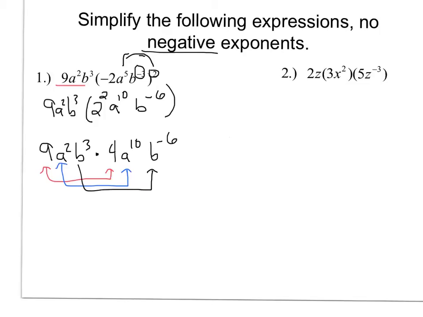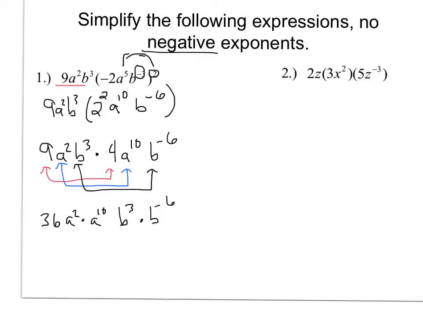And I have the b's. And all these are going to be combined. The next step would be 9 times 4, which is 36. And then I have a squared times a to the 10th. You don't have to write this all out. I'm just showing this to you so you see all the progression of the problem. And then b cubed times b to the negative 6.